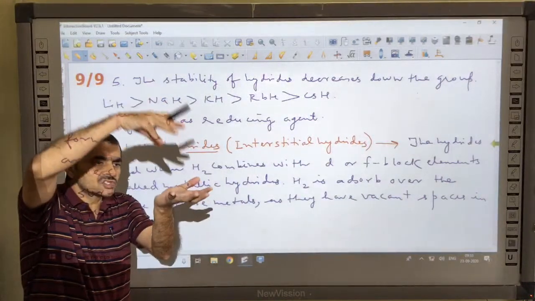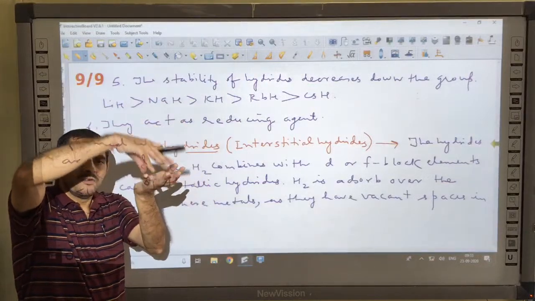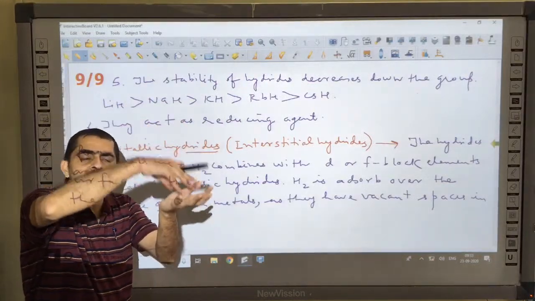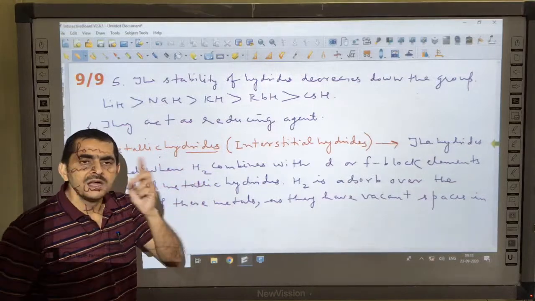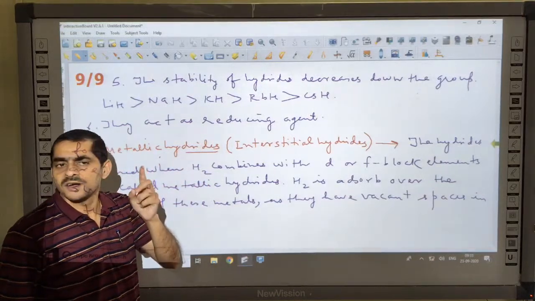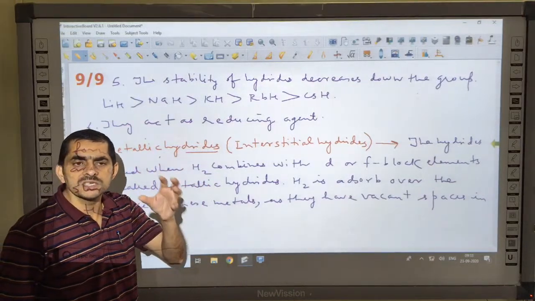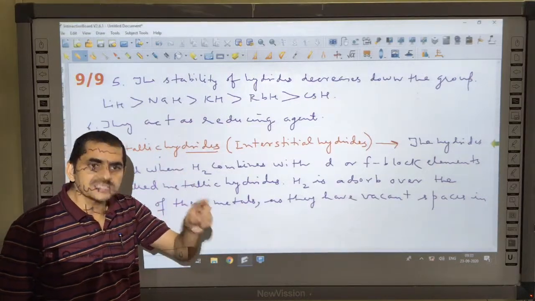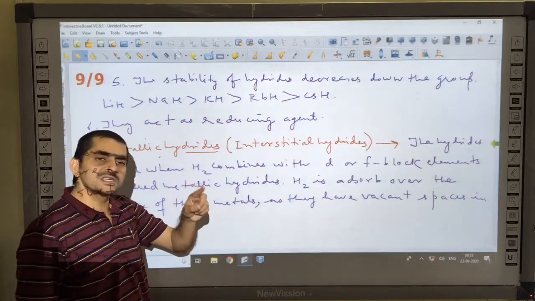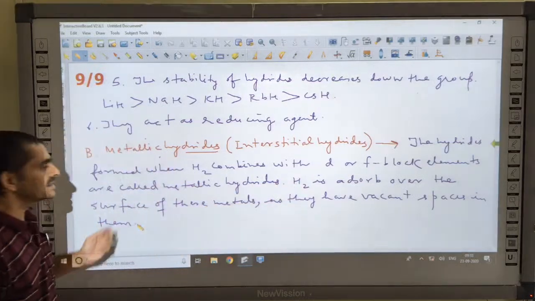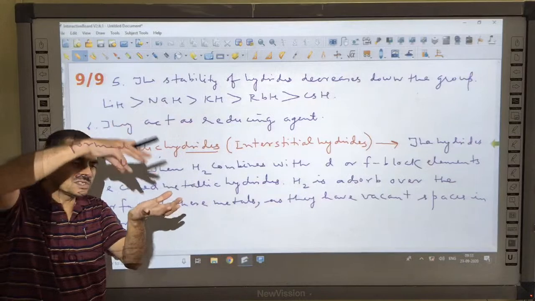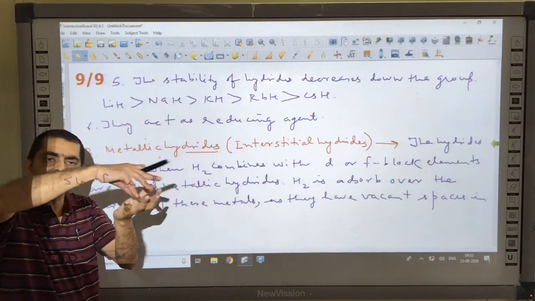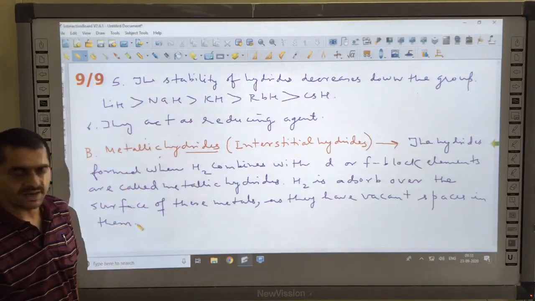Now, this absorption of hydrogen on the surface of metal is called occlusion. So, occlusion is occurring in this case. Hydrogen gets fit in the vacant spaces of these metals.